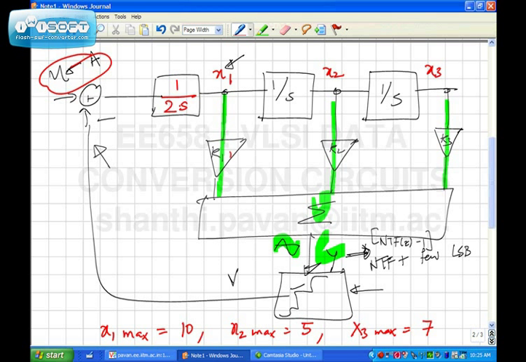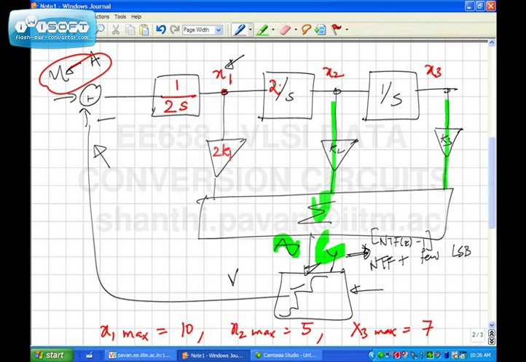So if I multiply this by a factor of 1/2, what all should I do? Everything that is dependent on x1 should get multiplied by a factor of 2. So in other words, I should replace this by 2k1 and 2 by s.